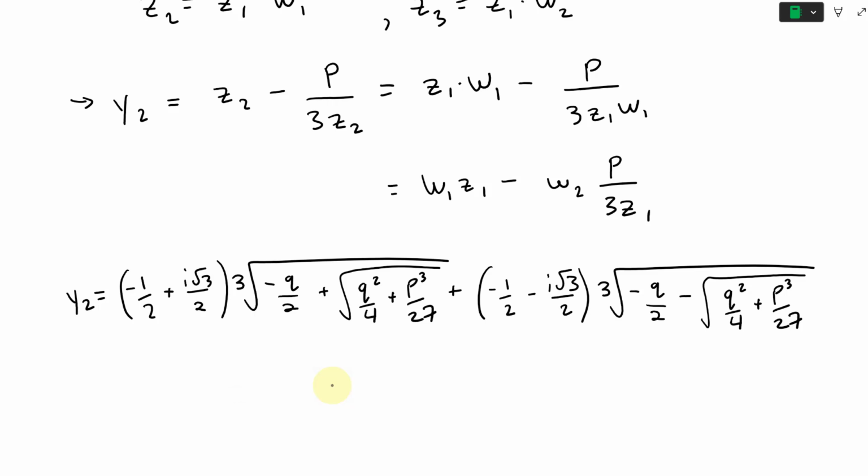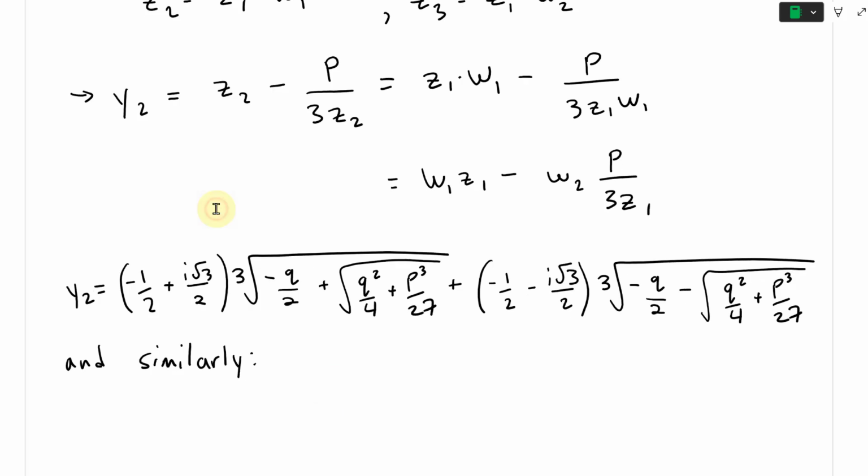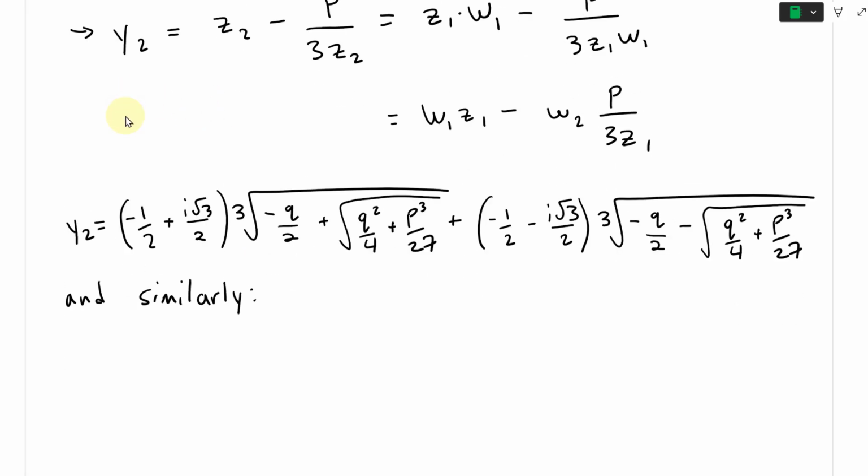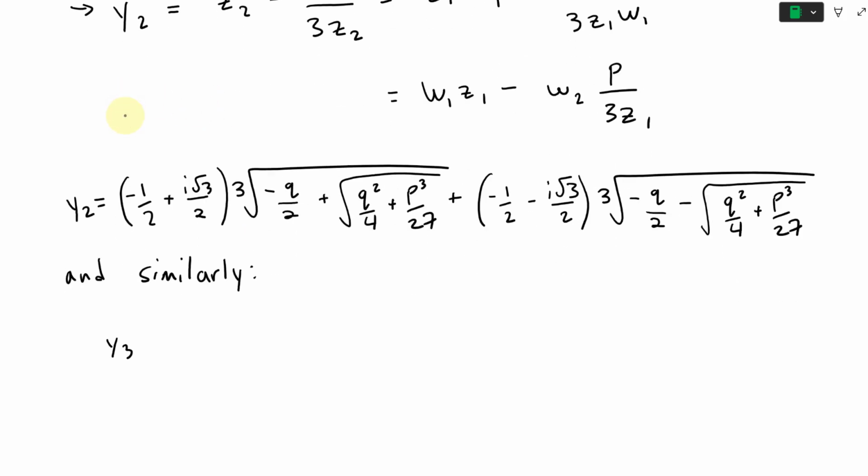And similarly, I'll do it for completeness. I just fixed the spelling right there, there's no extra I in the middle. Anyways, similarly we have Y3, which equals Z3 minus P over 3Z3.